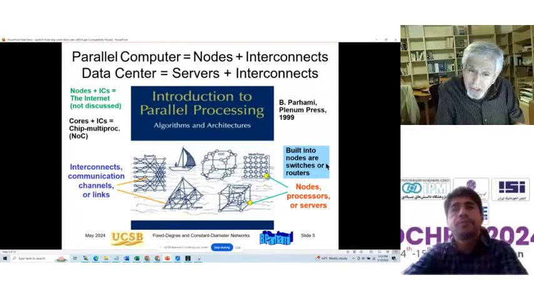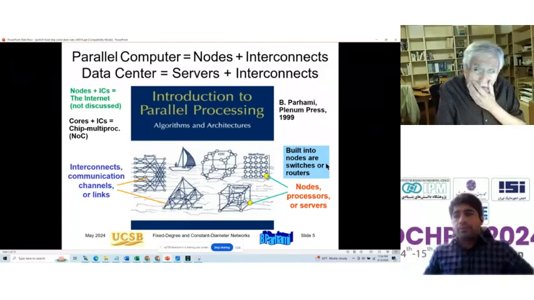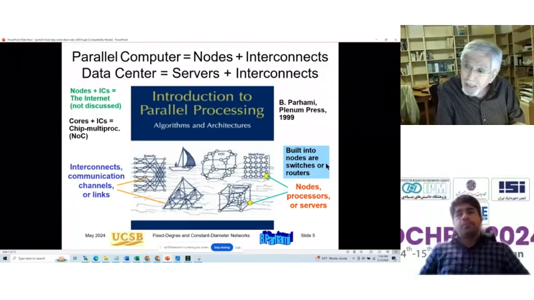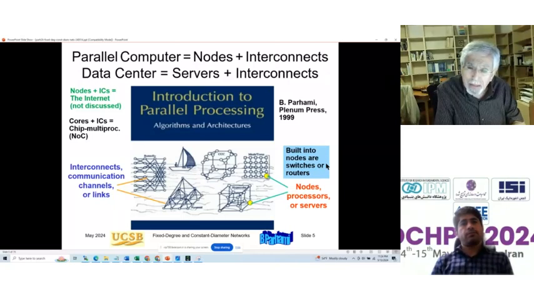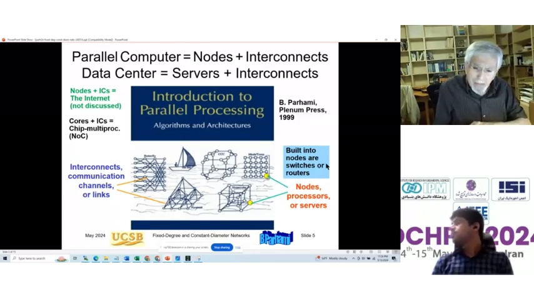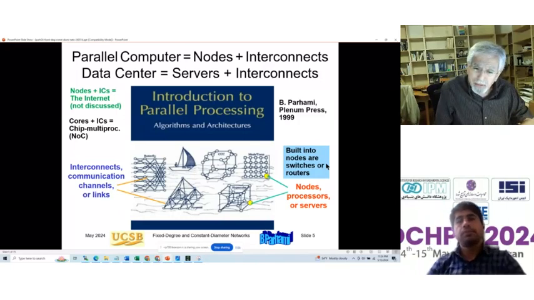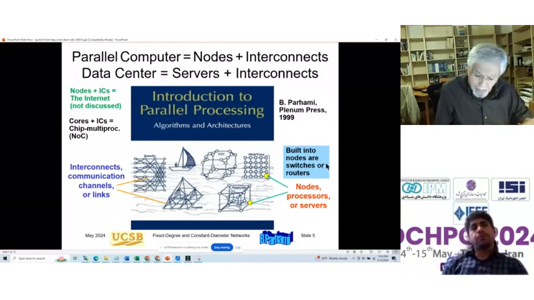And networks on chip have the same elements. But for both network on chip and the internet, the balance point or the design trade-offs are substantially different. Whereas for parallel processing interconnection networks and data server networks, the issues that we are interested in are kind of similar.